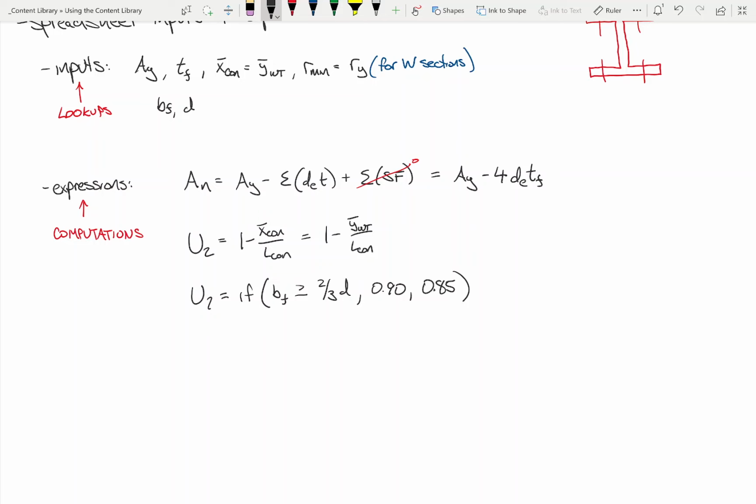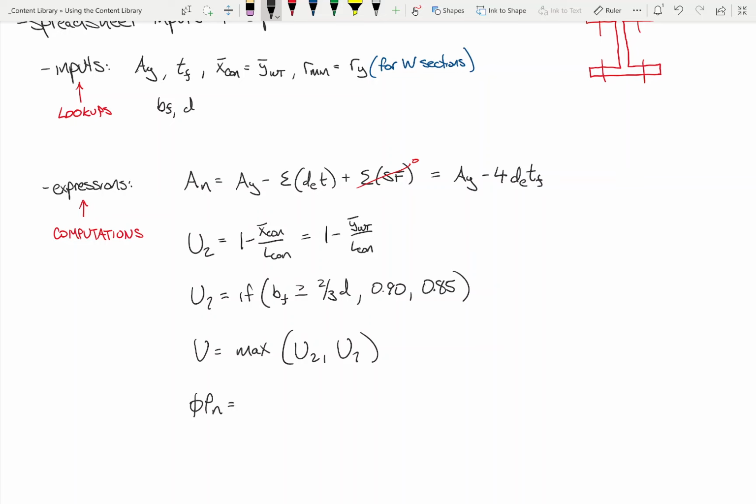Okay. Now what? What do I do with these two? I want to calculate U. What's U? The maximum. Right? Now, how about this? Let's just see if we can combine things.